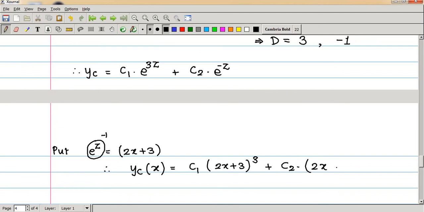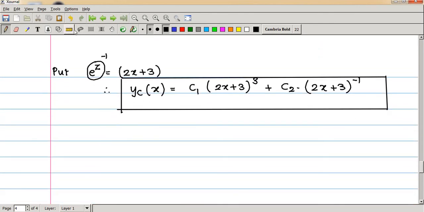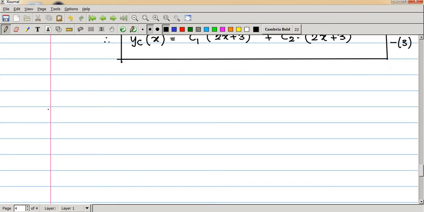The right hand side will be (2x+3) raised to −1. So this is our required complementary function for the given Legendre's differential equation. Now we denote this by equation number 3. Now to find the particular integral.